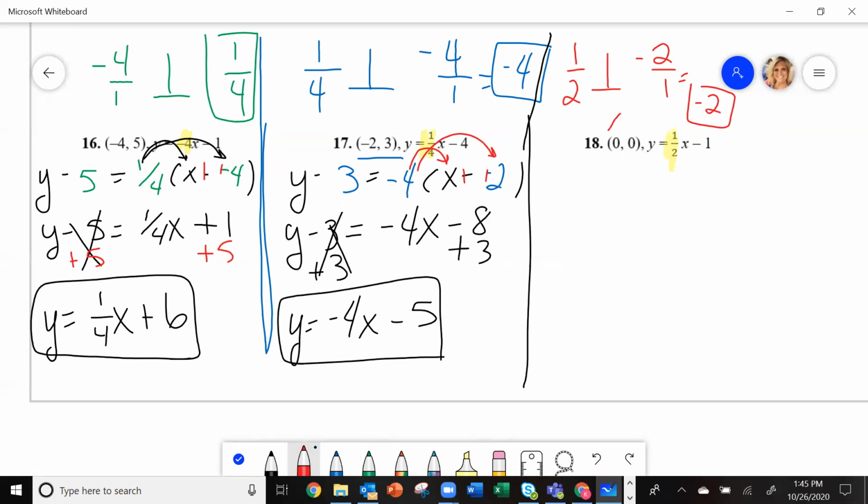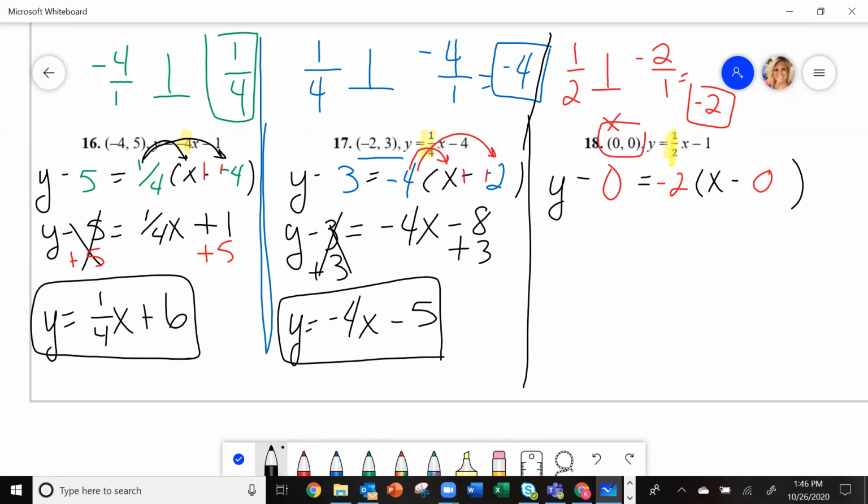So you use that slope and this point right here. So I have y minus y1 equals m times x minus x1. Remember, m is your slope. That is -2. The x number is 0, and the y number is 0.